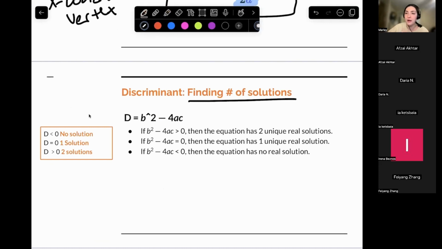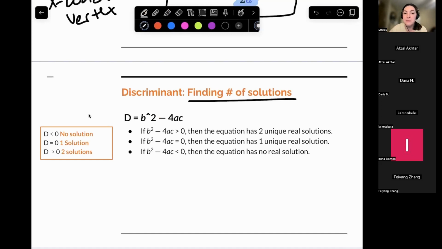Or, for everyone who learned about imaginary numbers in their math class, there are 2 imaginary solutions, like non-real solutions. But for the case of the SAT, no solution. If it's equal to 0, there is 1 solution. And if it is greater than 0, there are going to be 2 unique solutions.